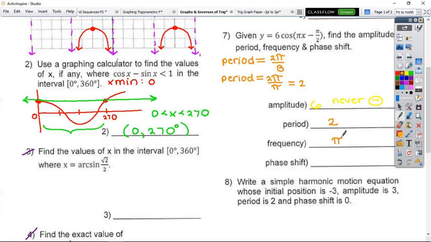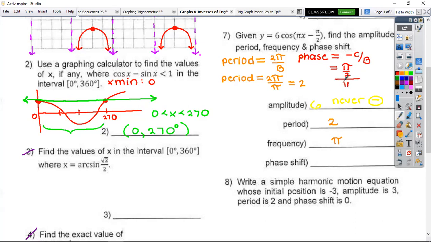And then phase shift. Formula for phase shift? Yep, negative c over the b. So for my phase shift, you just squeeze that in there. I know you don't have a ton of space. So negative c divided by b. So I am going to do negative pi over 2, which is pi over 2, and then over the b value, which was pi.